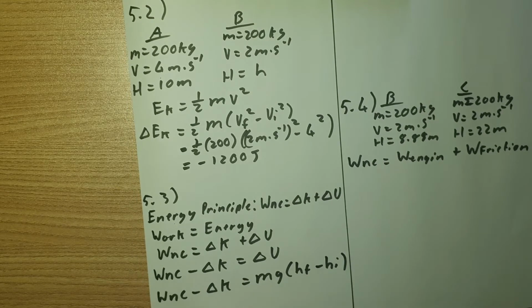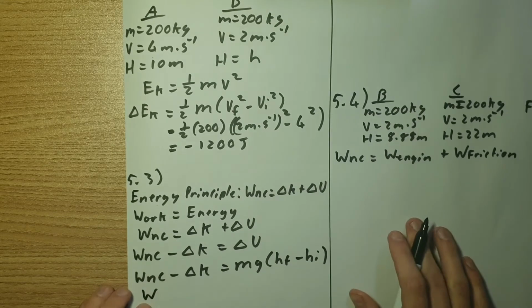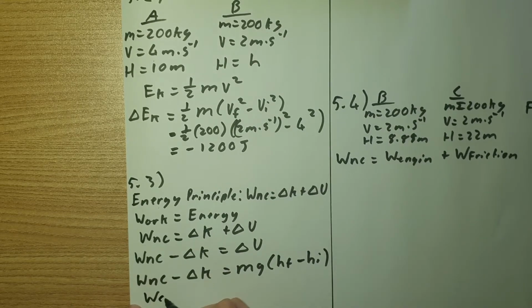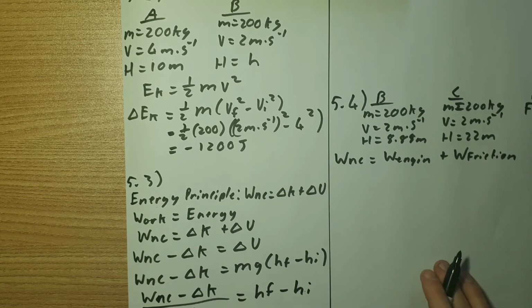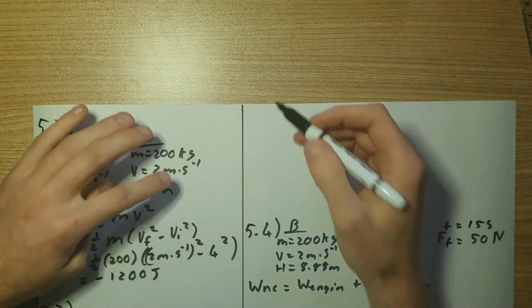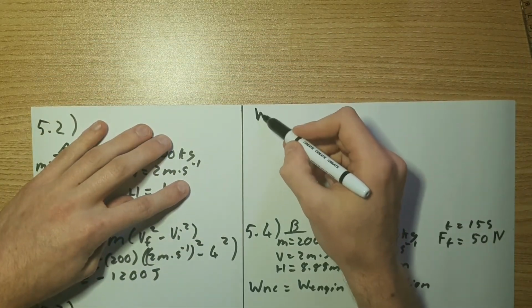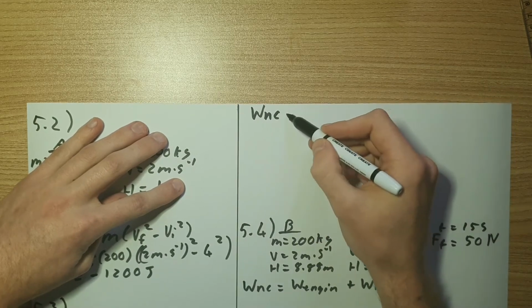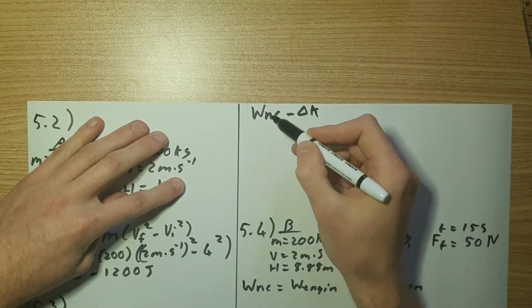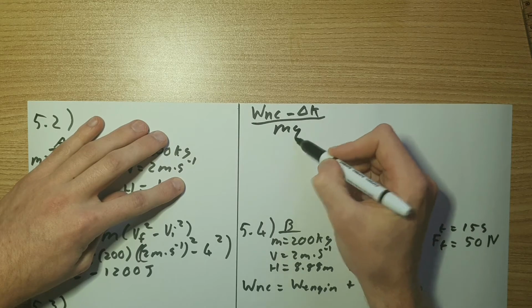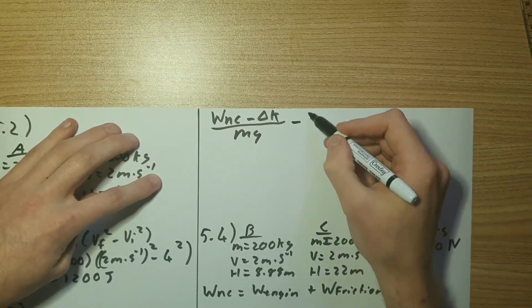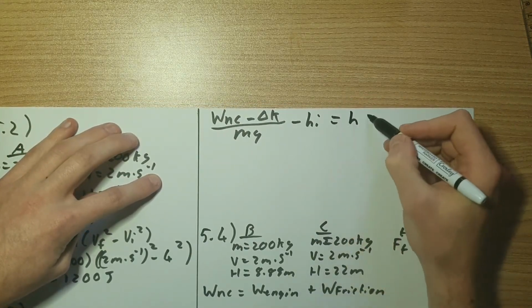I'm going to end up with work of the non-conservative force minus delta K, all over mg, equal to h final minus h initial. Now I can take the initial height across and I'll have h final on its own. So finally we will have work of the non-conservative force minus the change in kinetic energy, all over mg, minus my initial height, will equal my final height.